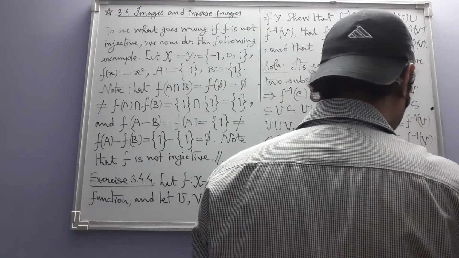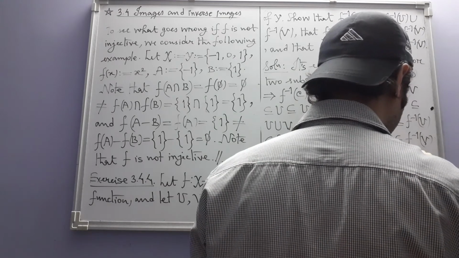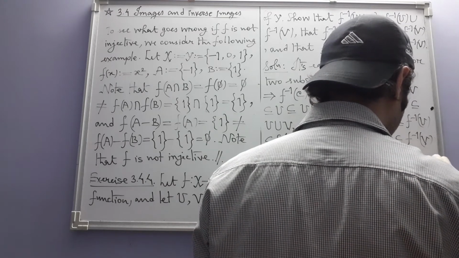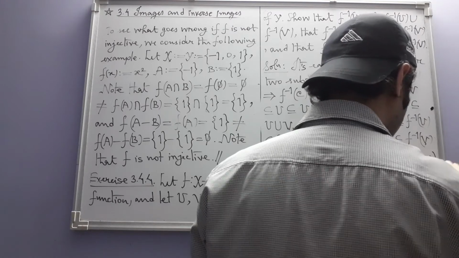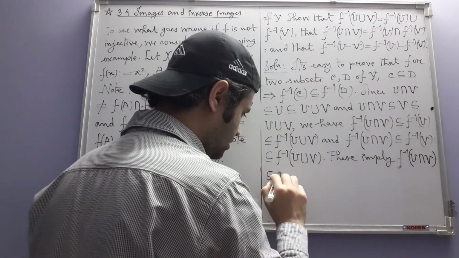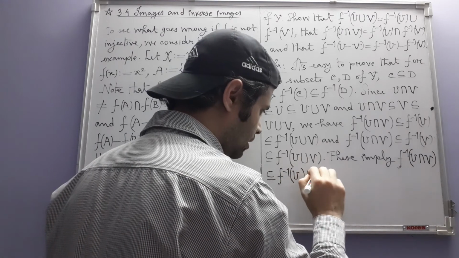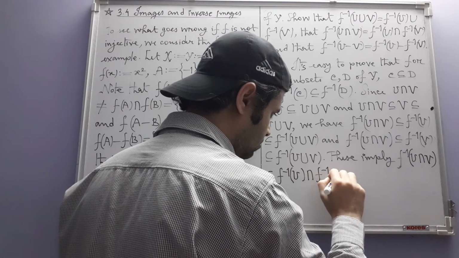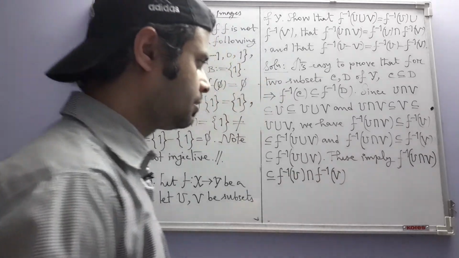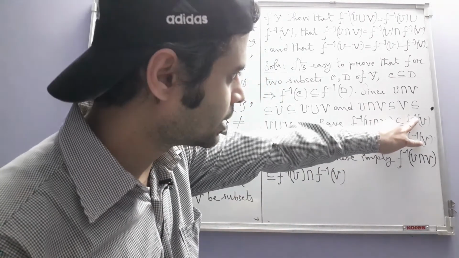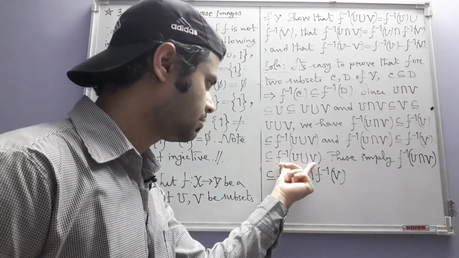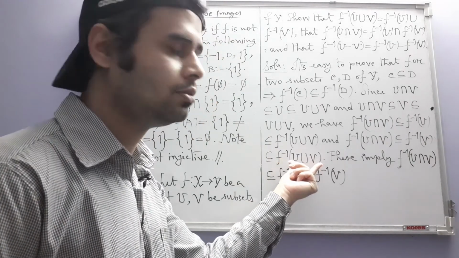This implies F inverse of U intersection V is a subset of F inverse of U intersection F inverse of V. Just like that, both these sets are contained in this set, F inverse of U union V.